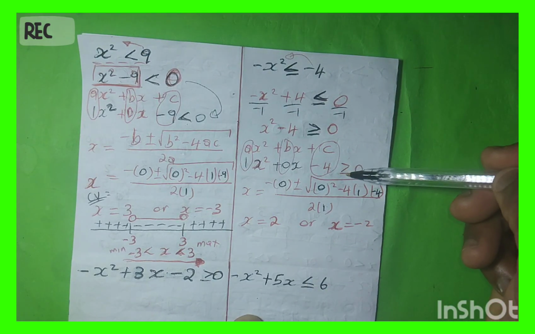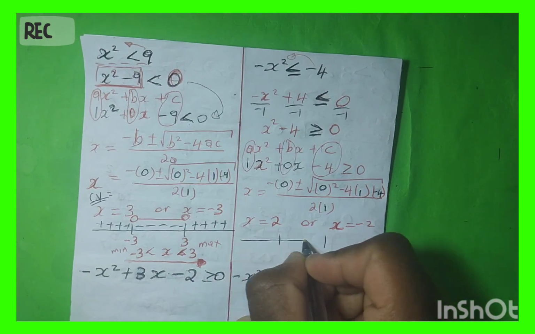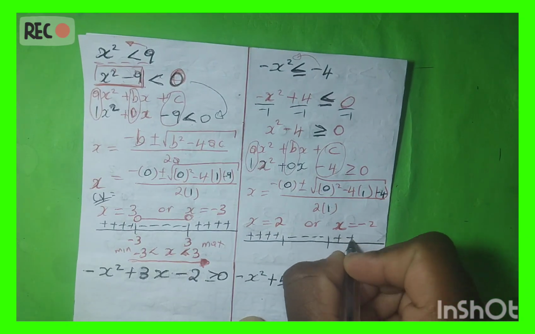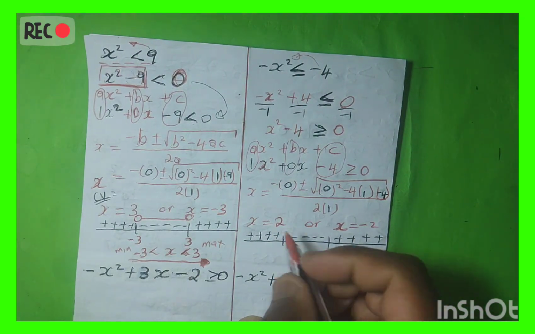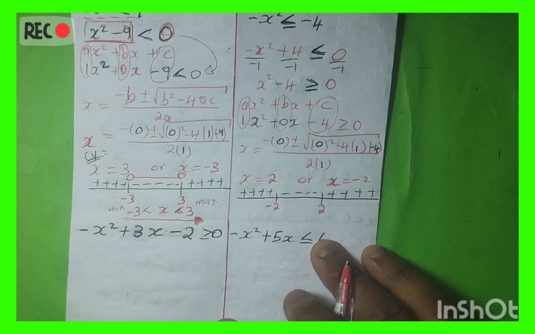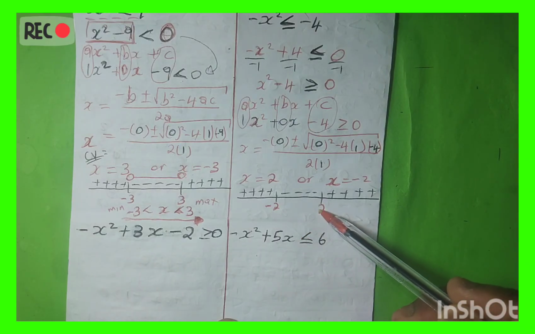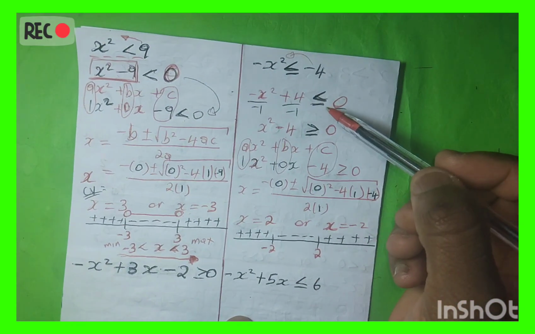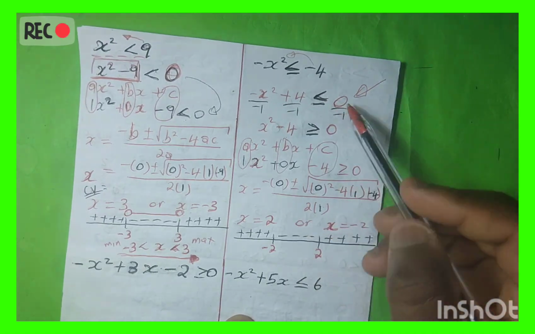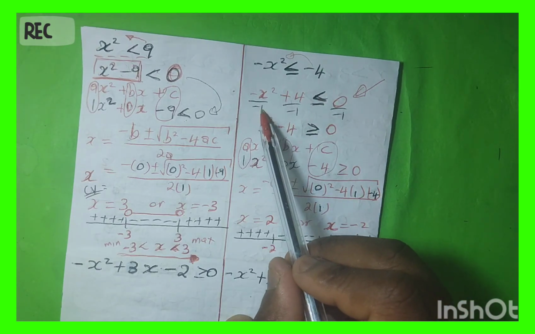Because this is an inequality, it's a must for you to draw a number line, with positive, negative, positive. Minimum value is minus 2, maximum value is 2. Now I should go where 0 represents the equation. I won't look at the earlier inequality, because I changed the sign when dividing by a negative number.